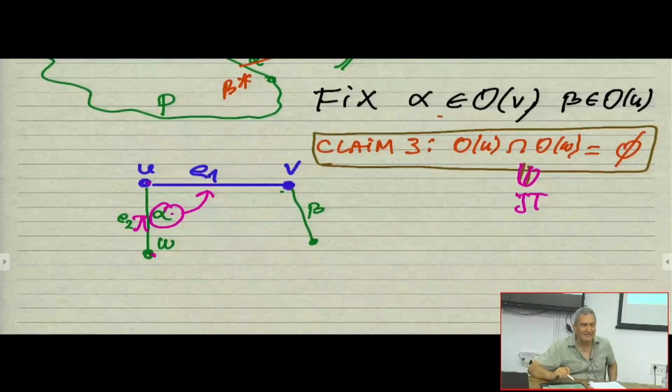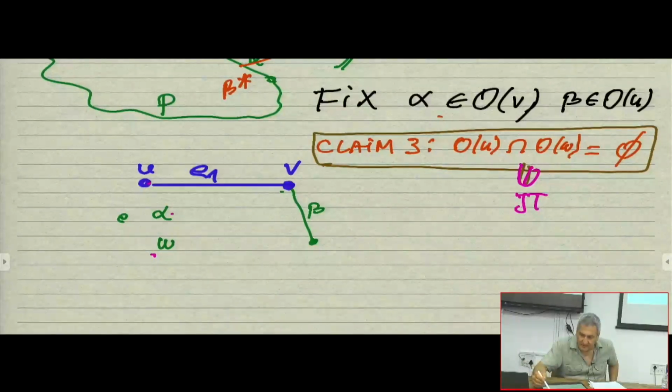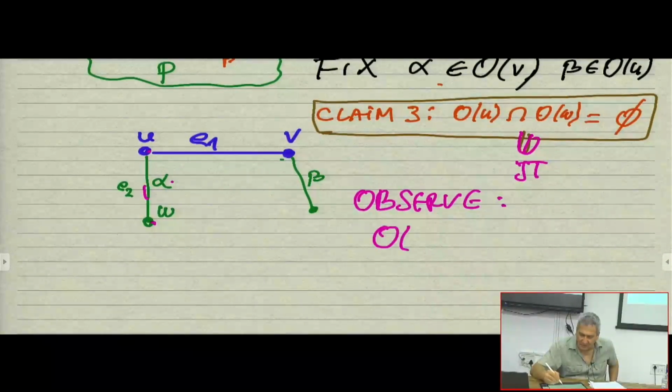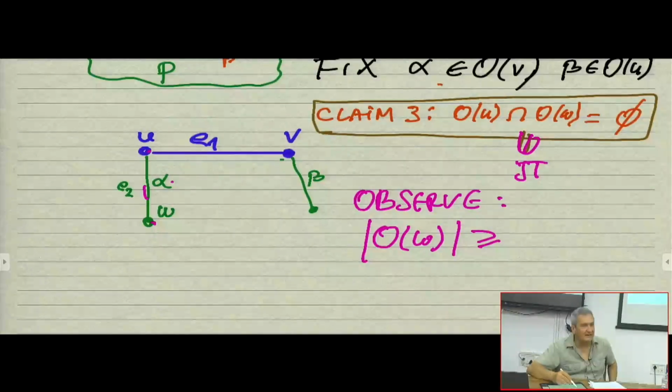What is the size of this set for U and W? Observe that the size of W here is at least, it is a colored edge.